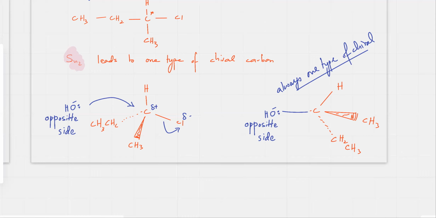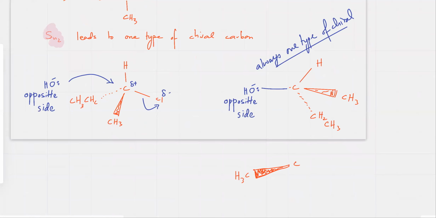The mirrored version of this left to right inversion would be this one: you have a carbon atom and the CH3 is pointing this way, the CH2, CH3 is also pointing this way, the H is also pointing this way, and the OH is coming from the other side. That's the mirrored version of the above molecule.